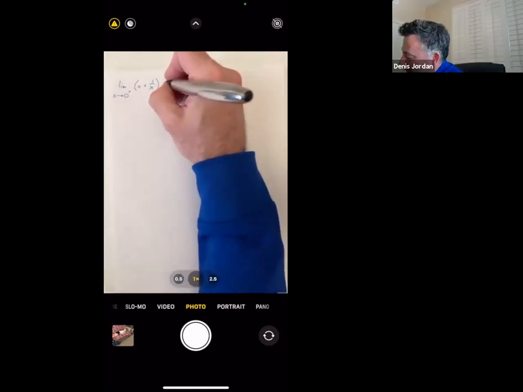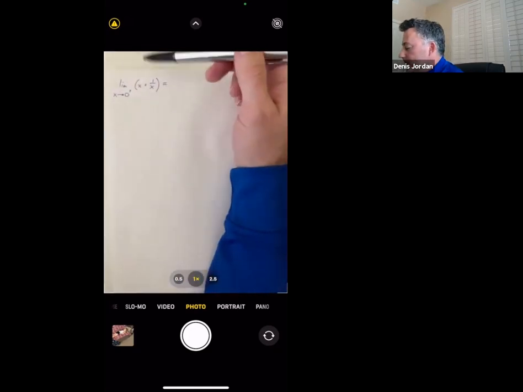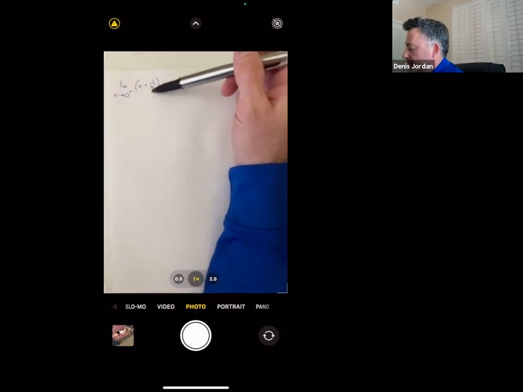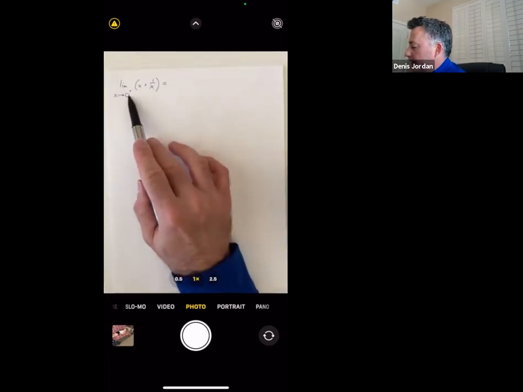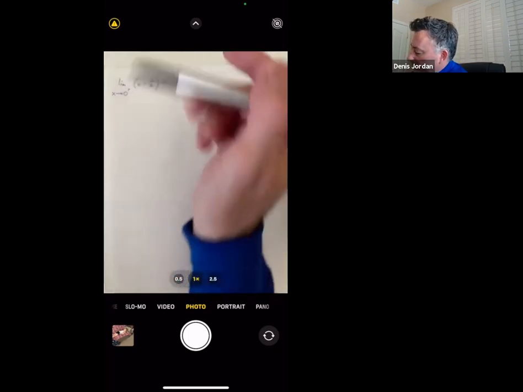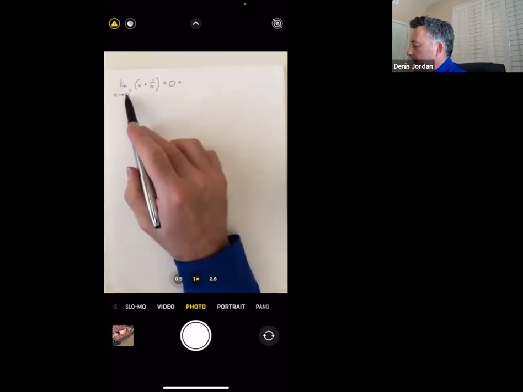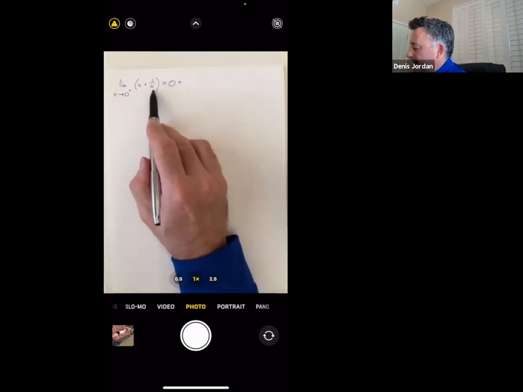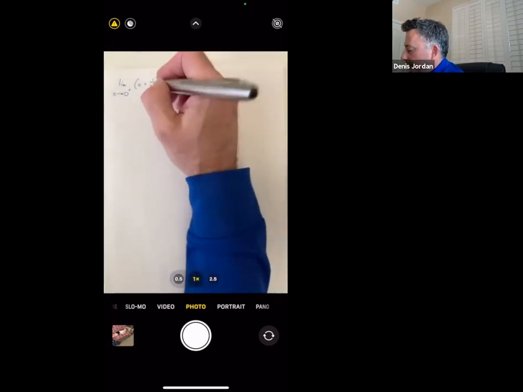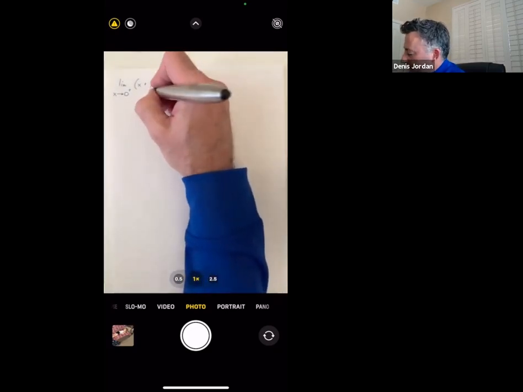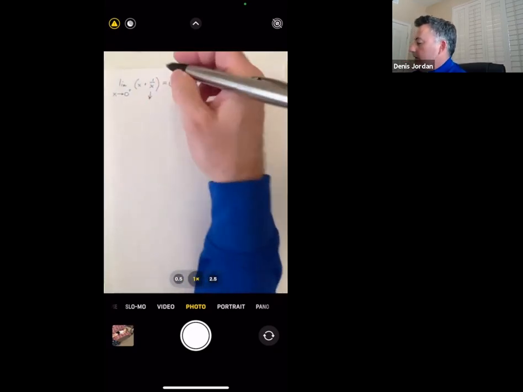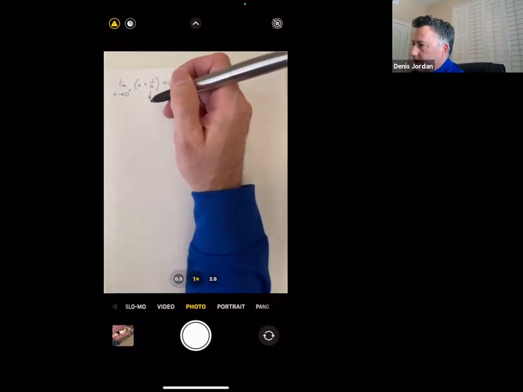So what I would do is just evaluate each term. You can plug the 0 in for this first x, so I would go ahead and do it. And then plus, but you can't plug it into the second term, the 1 over x. For that one, I would go off of the graph.